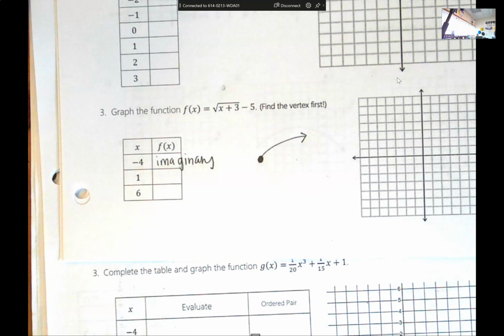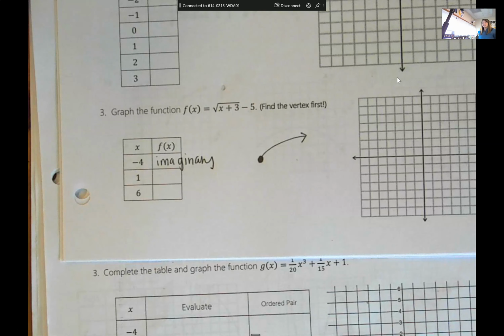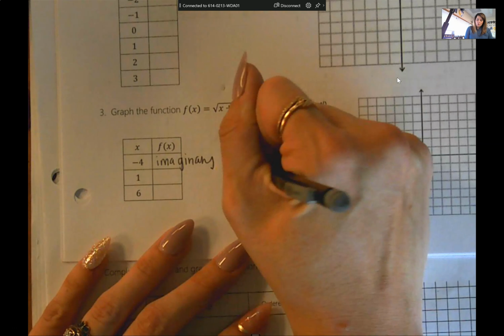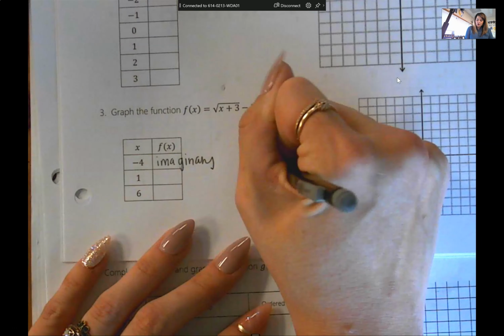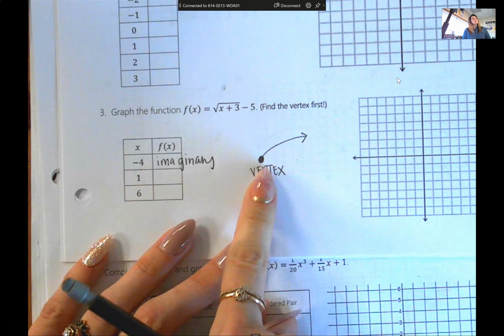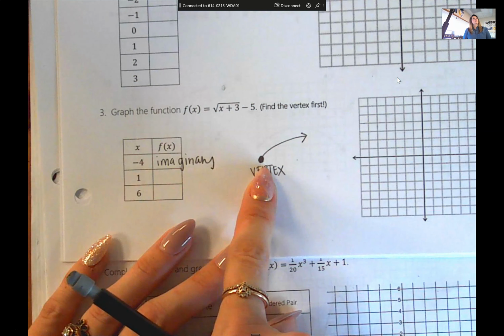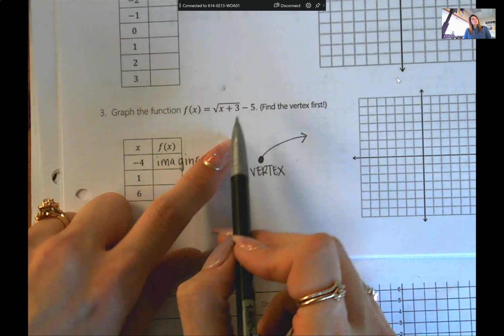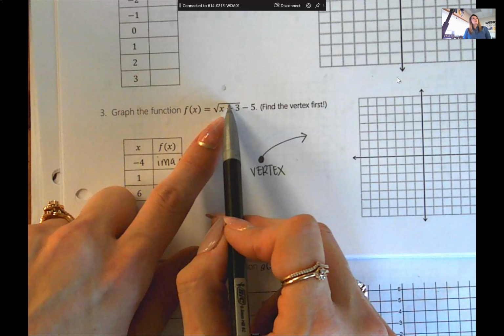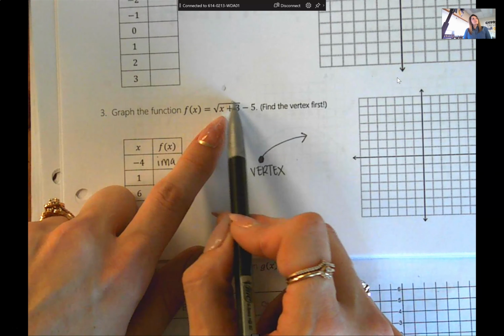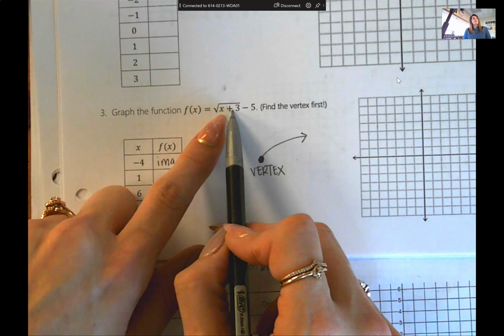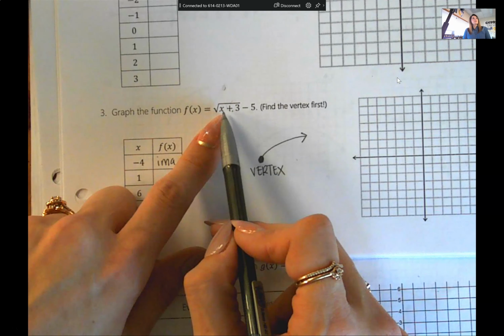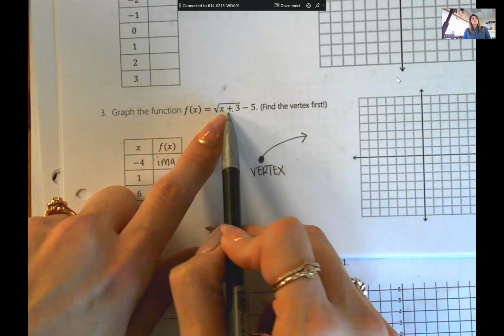Well, they tell us that they want us to find the vertex first. And the reason why is because that's your starting point. This is your vertex. Well, that's a lot easier than you might think, because when we did transforming functions, we learned that if it's trapped with the x, we're going to go left or right. Which one did we go in this case? Left.